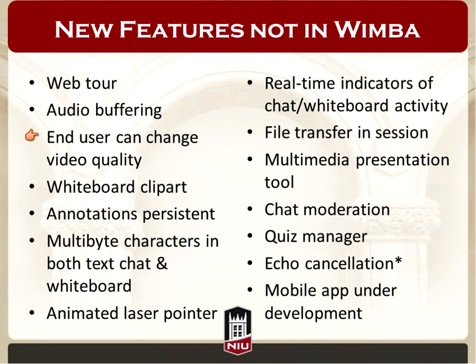Now in Blackboard Collaborate, the individual user can select what type of connection they're on, and their video quality is adjusted based on the connection setting that they chose. So when you all logged in today, those of you participating live, you selected what type of connection you were connecting on, and that helped dictate the video quality that you're receiving from the video feed.